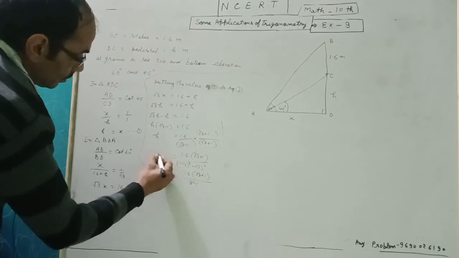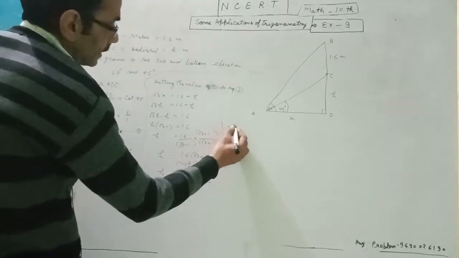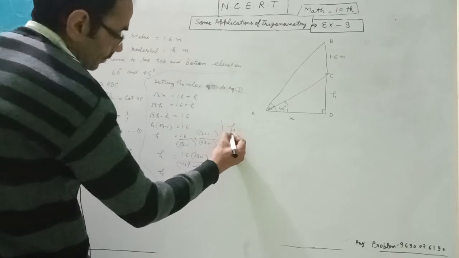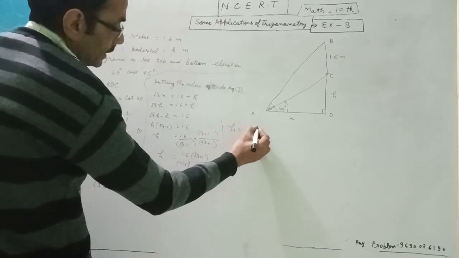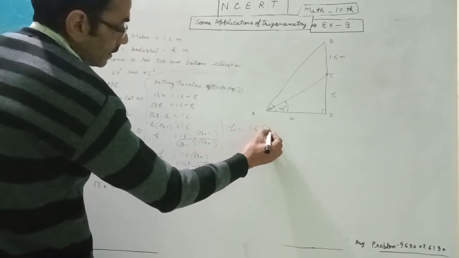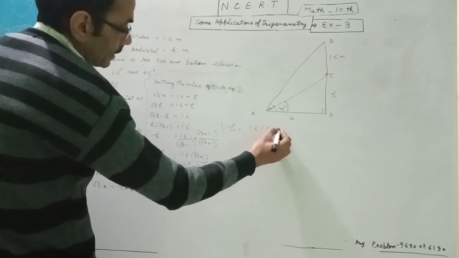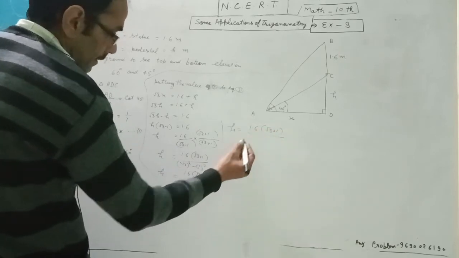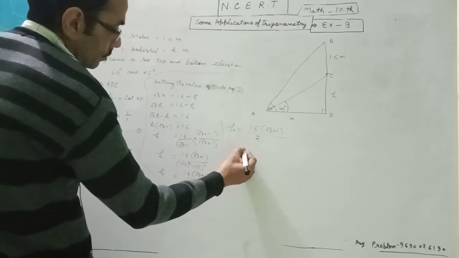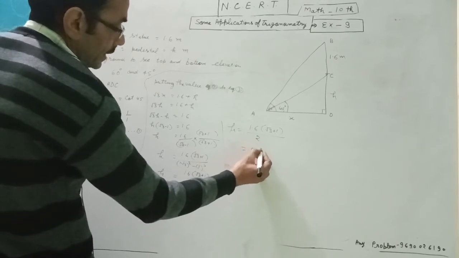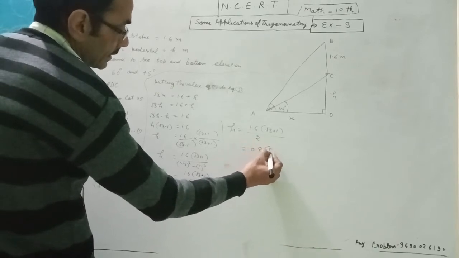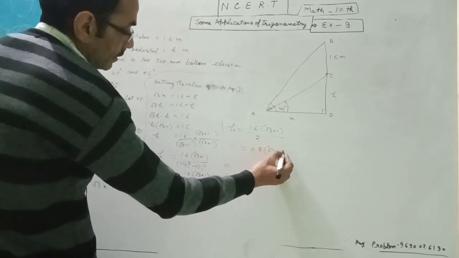H is equal to 1.6 bracket under root 3 plus 1 upon 2, which is 0.8 bracket under root 3 plus 1.